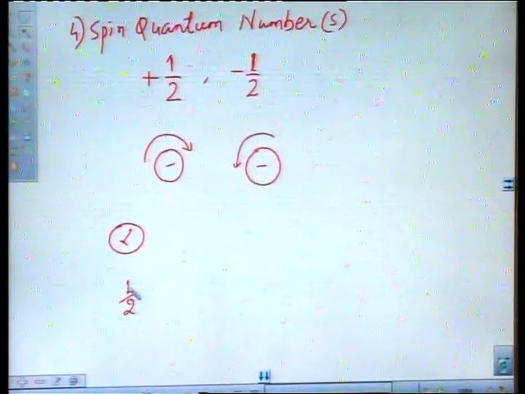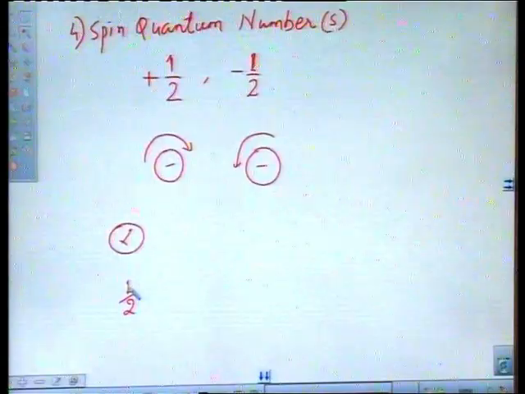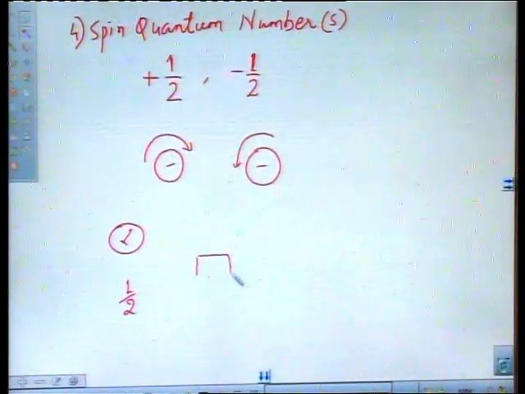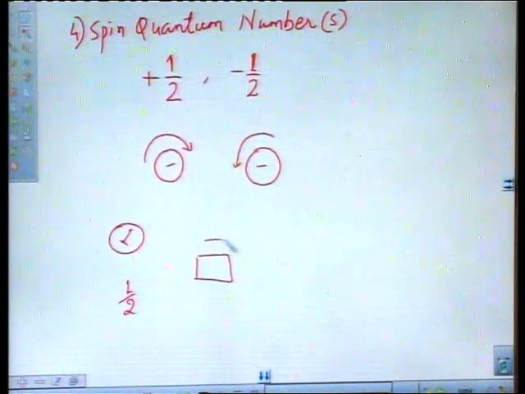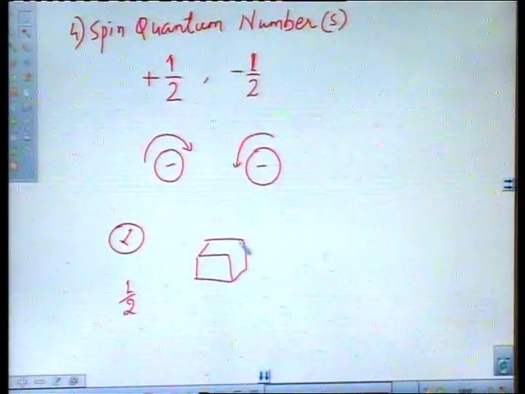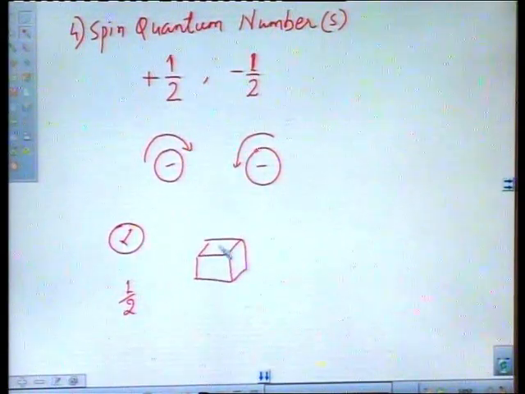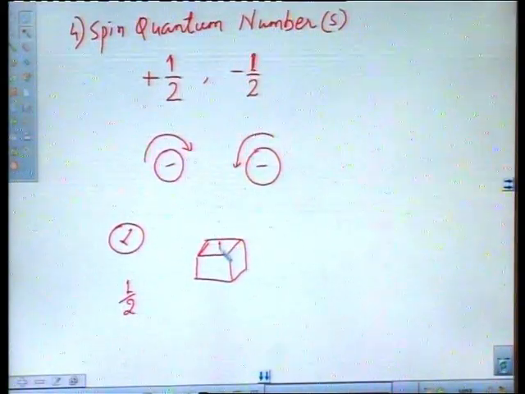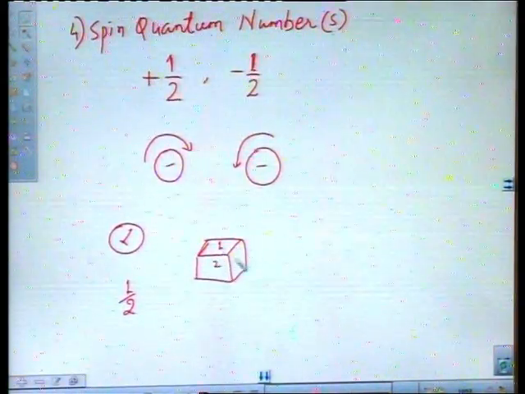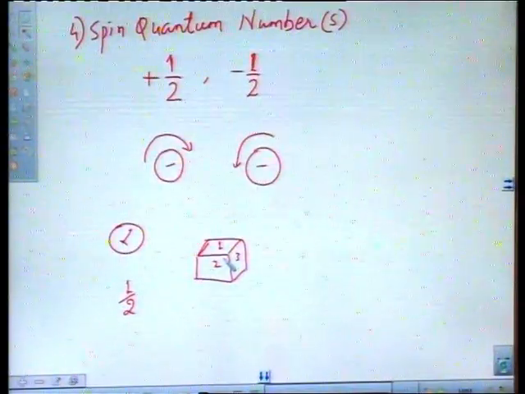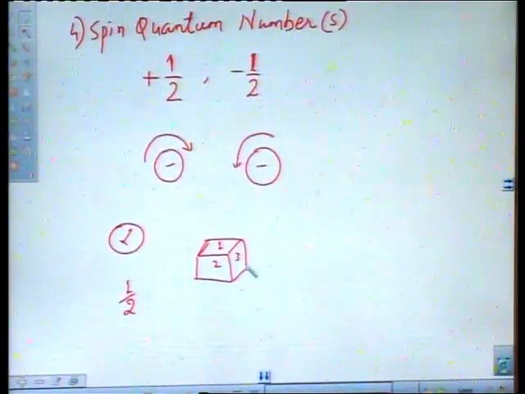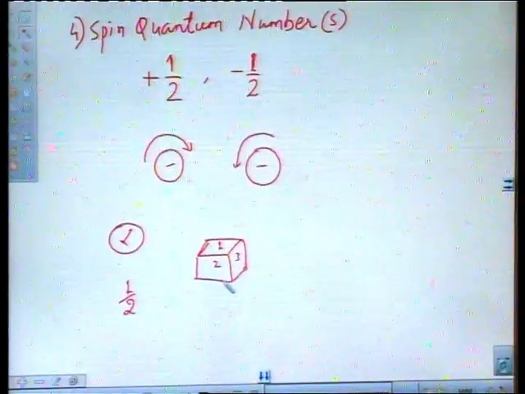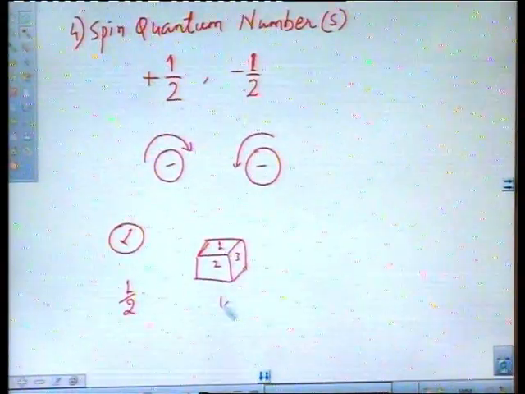Likewise, when we throw a dice, the probability of coming 1 is 1 by 6.